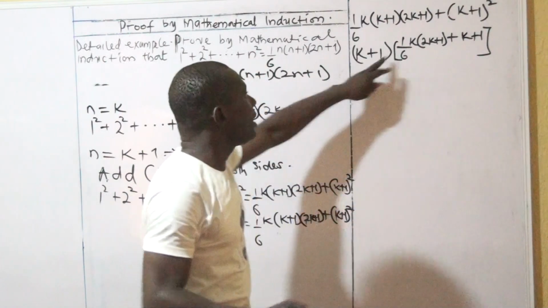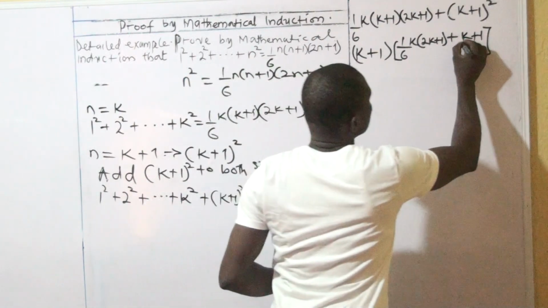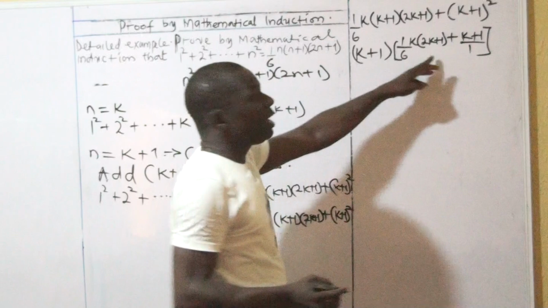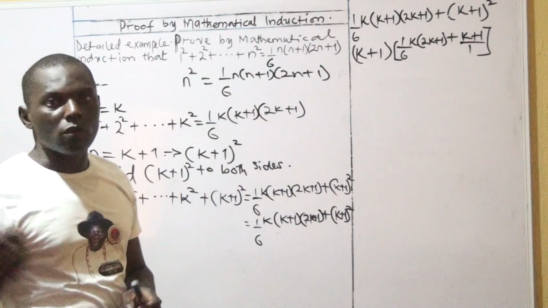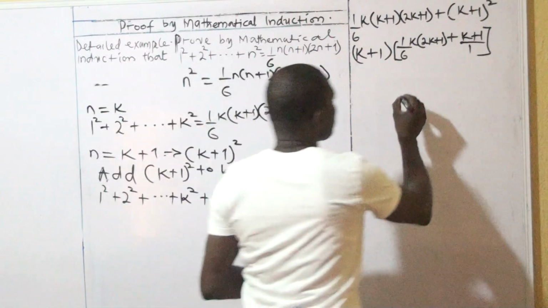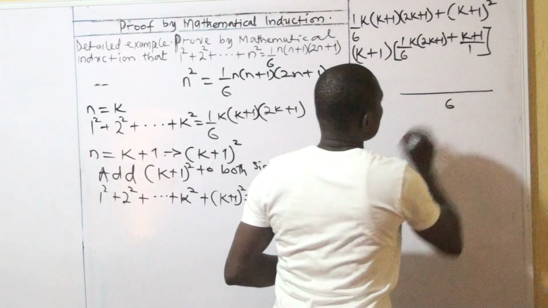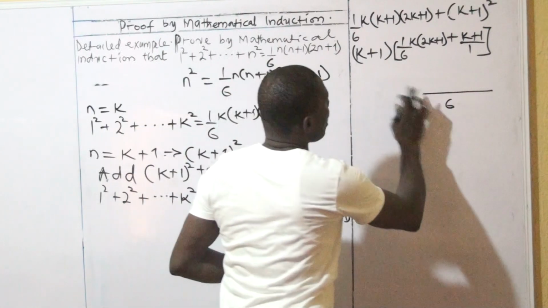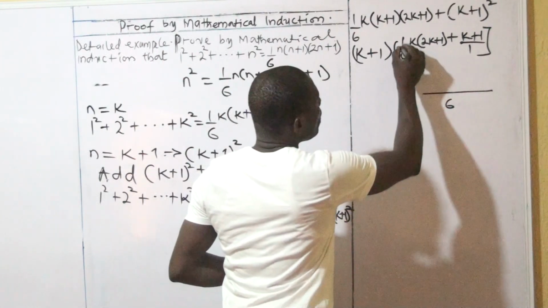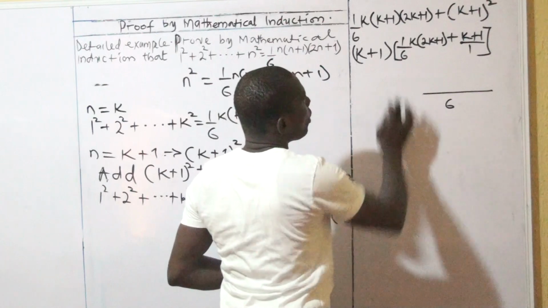If you can see here, this is over 1, and this becomes a fraction on its own. The LCM of this fraction is just 6. So 6 divided by 6 gives 1 times k.